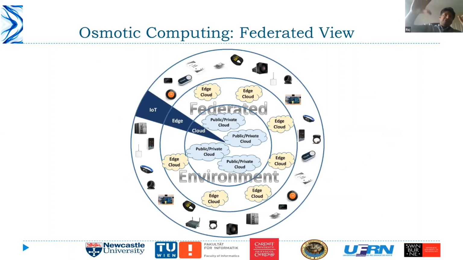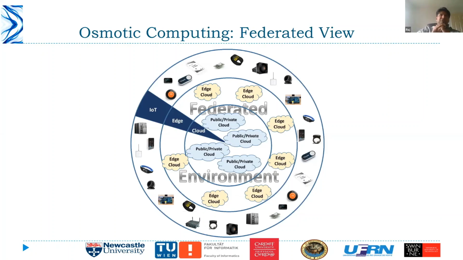As you see, osmotic computing gives you a federated view, where on the outside you have IoT devices, sensors, and actuators. In the middle, you have the edge data centers, like small-scale gateways and mobile devices. And then you have the traditional cloud, private cloud, and public cloud.